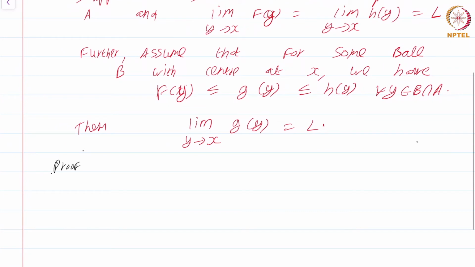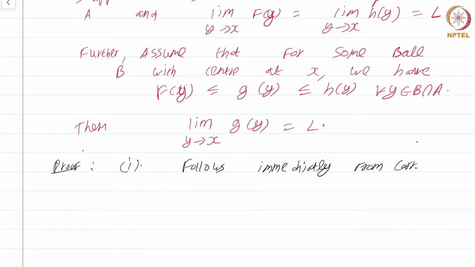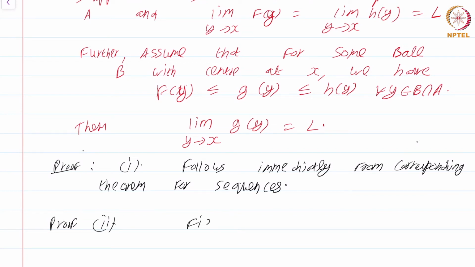Proof. The first proof follows immediately from the corresponding theorem for sequences. That's the first proof. Let's give another proof directly using epsilon delta. Proof 2. Fix epsilon greater than 0.